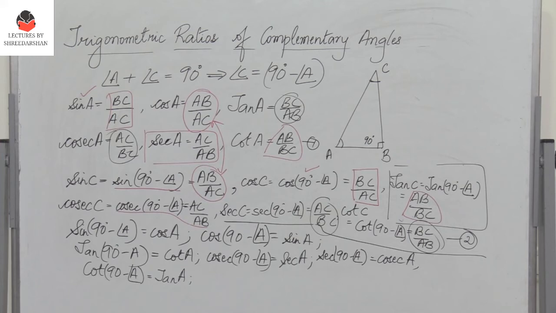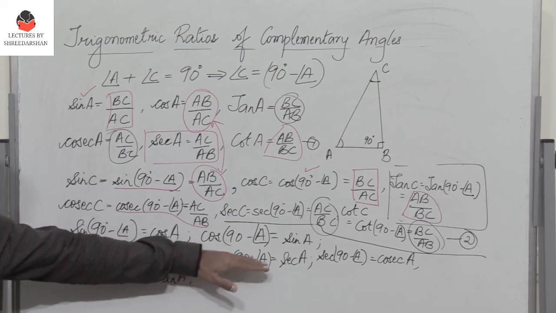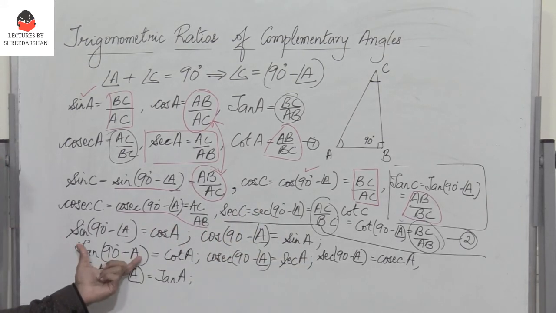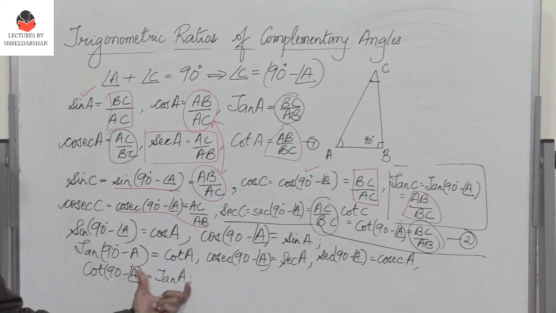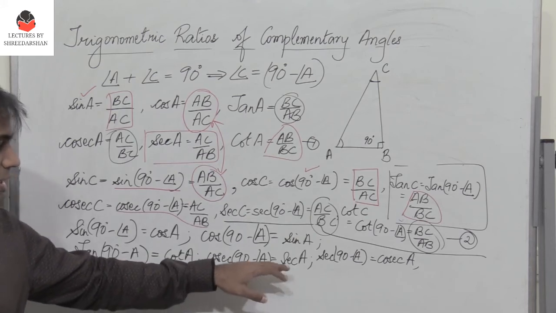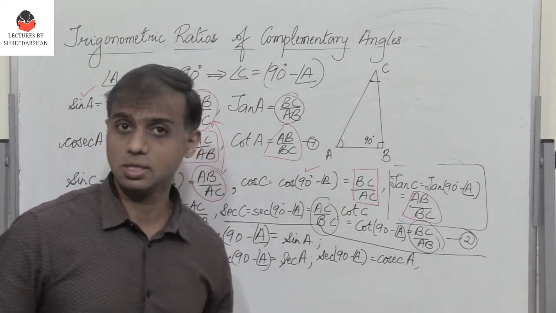So we need to remember this. So sine of 90 minus A is cos A and cos of 90 minus A is sine A. Right? Next, tan of 90 minus A is cot A, whereas cot of 90 minus A is tan A. And similarly, cosecant of 90 minus A is secant A, and secant of 90 minus A is cosecant A.